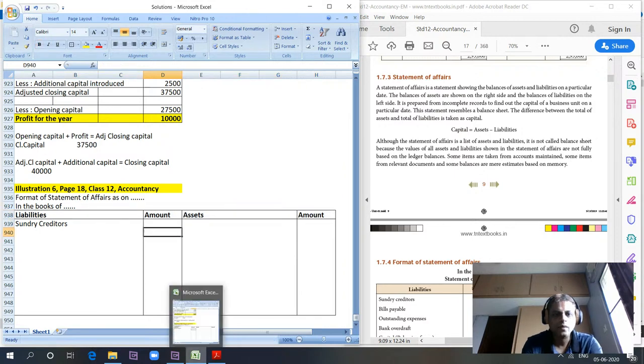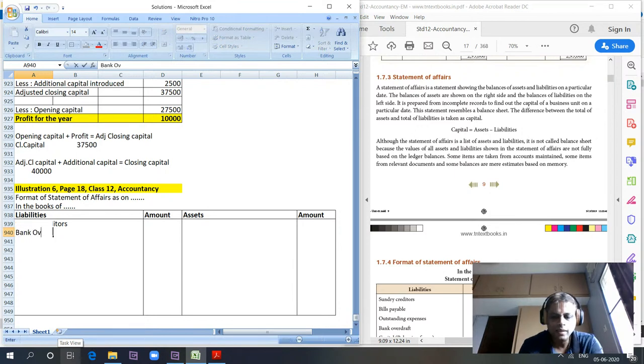Sundry creditors. Then what are all the things that will come in the liability side? Bank overdraft and bills payable. And what are all the things that can come in the asset side?